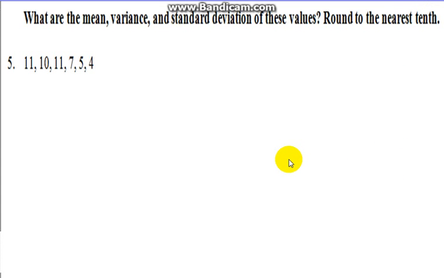Okay, number 5 says what are the mean, the variance, and the standard deviation of these values. Round to the nearest tenth, so we know we need 1 decimal place. Alright, so the first thing we want to do is add them together.